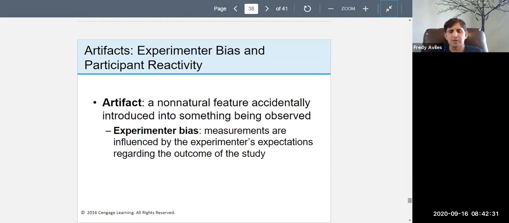Tells them what the experiment is about to some extent, right? Then you've introduced the problem, okay? You've introduced an artifact. Now, experimenter bias is basically when the experimenter does something to make the results work out in his or her favor, okay? So you basically tell participants that you're interested in pain and whether acupuncture helps, and just with what you tell them, you kind of give them the hint that we expect this to work. This is going to work, and therefore they act like it works. Okay, that's experimenter bias affecting the study.